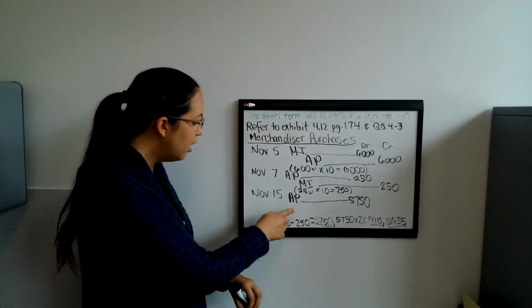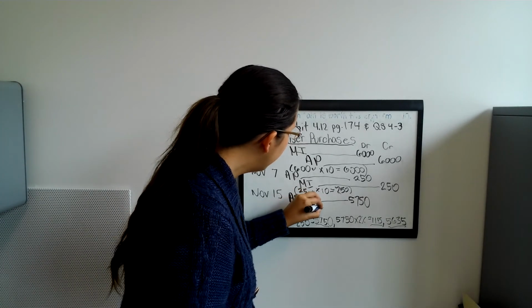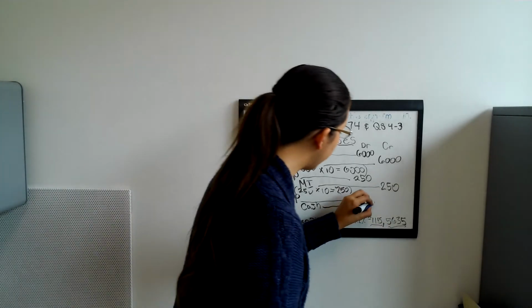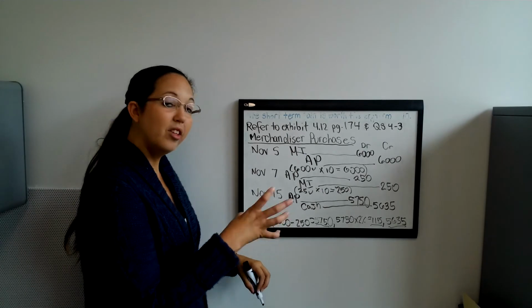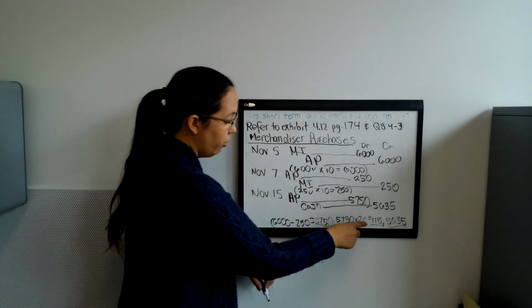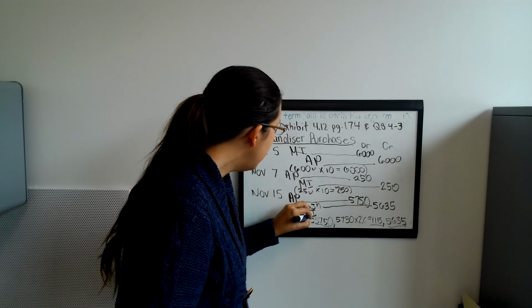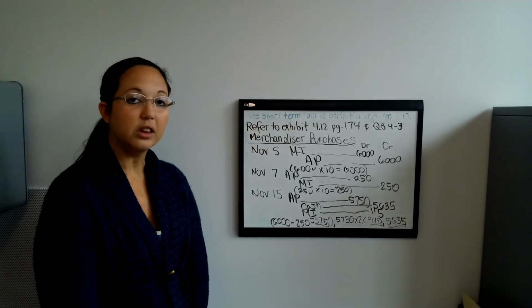Okay? Cash would record what we actually paid, which wasn't including the discount, so the $5,635. Okay? And the difference, or the discount, of $115 goes in merchandise inventory, because our merchandise is less valuable.